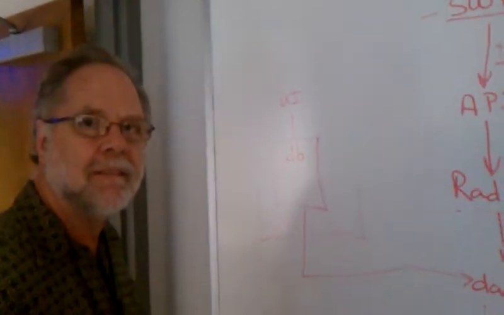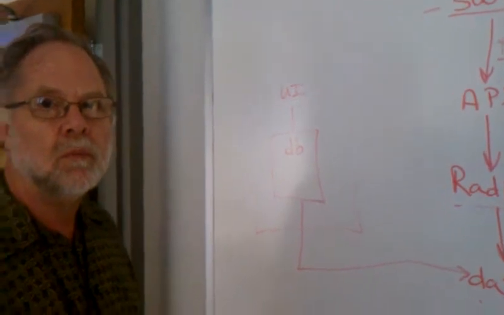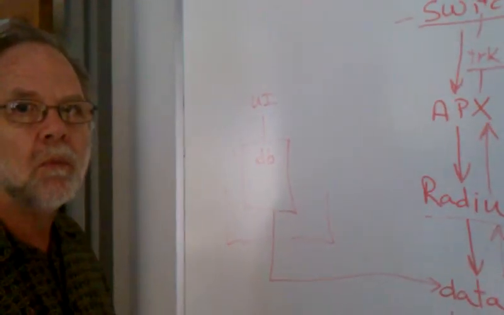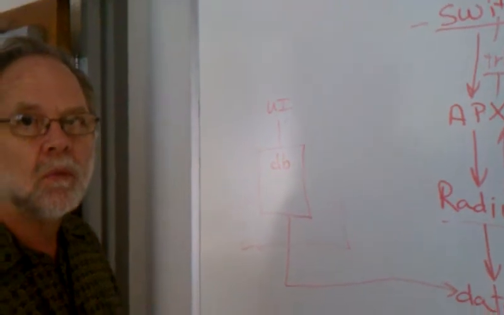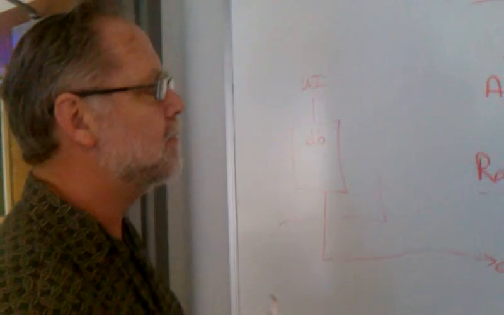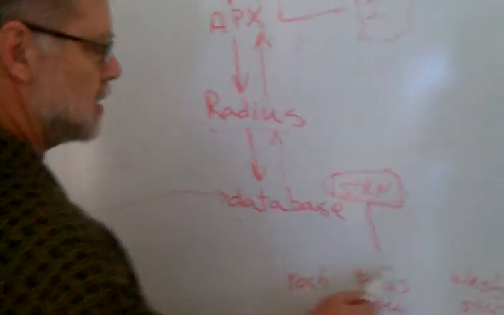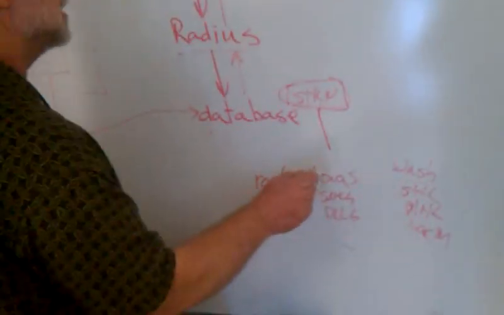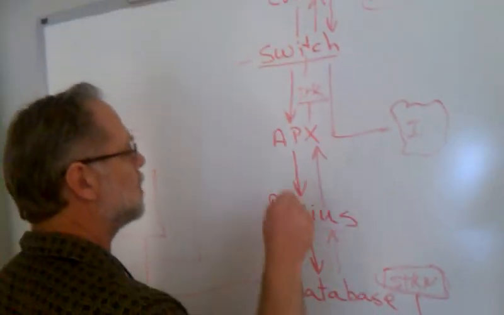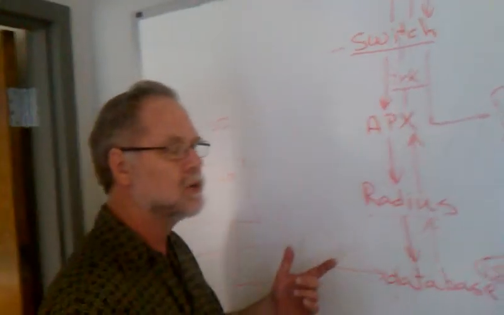Recently there was an issue with one of the apexes not able to talk to a radius server and it was repointed. Does that happen very often, that we repoint the apex to a different radius server? Yes. In fact, we have a case right now where we've got a problem in Texas with the radius servers. One of them appears to be dead.